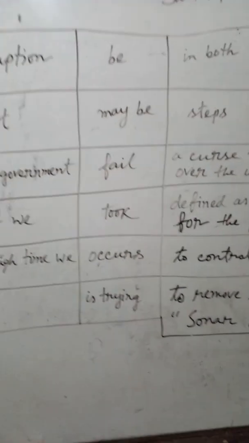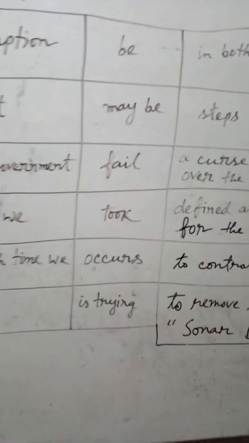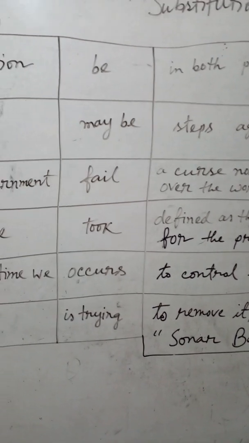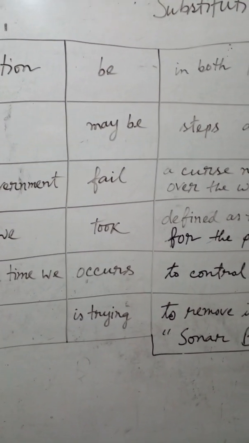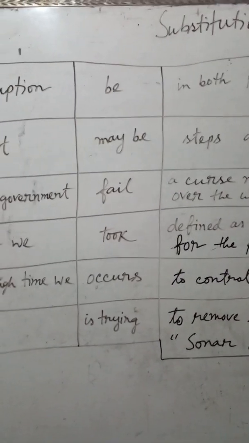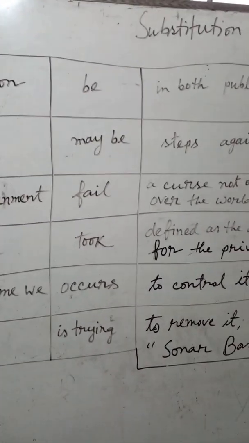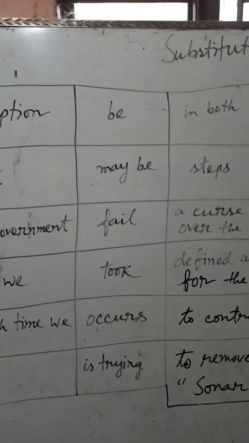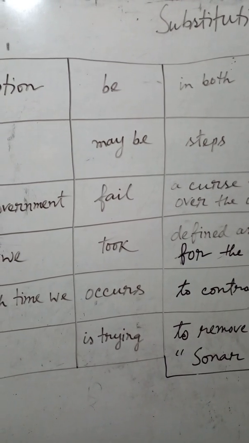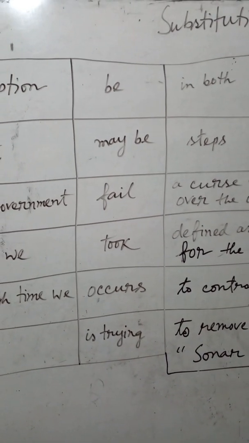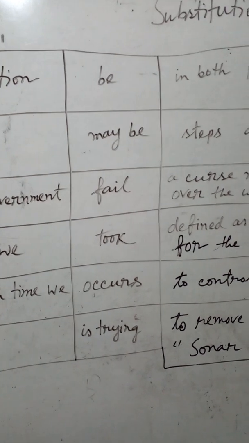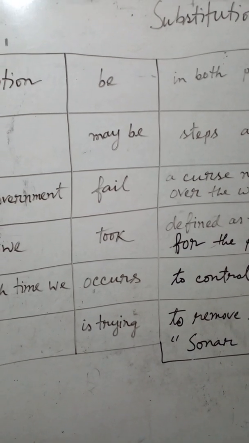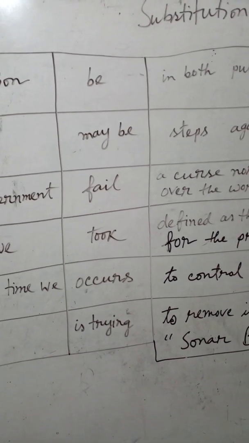Then move to the next one, the very second column, verbs. Usually, verbs are given in the second column. So please write down the verbs: be, maybe, fail, took, occurs, and the last one is trying.